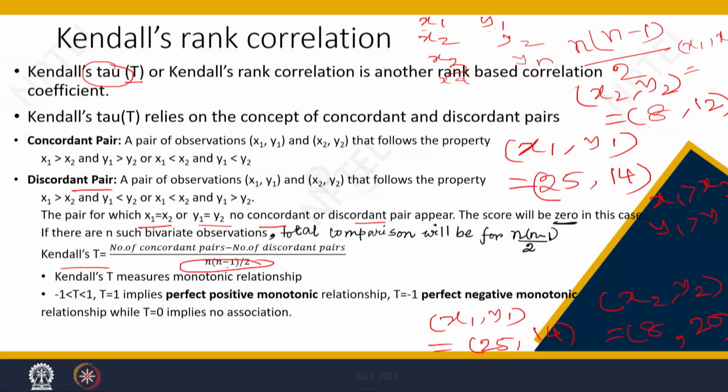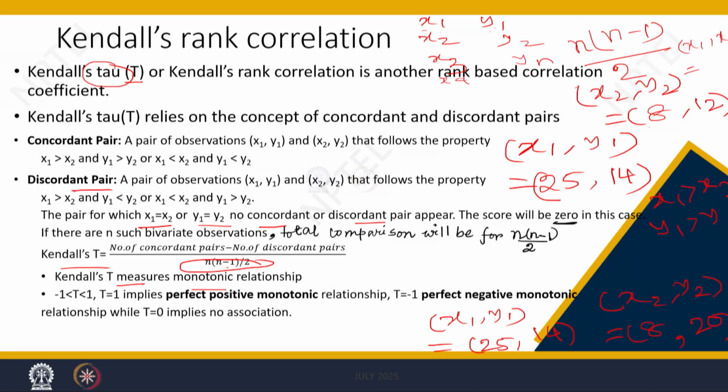Now out of this total number of comparisons, how many pairs are showing concordance and how many are showing discordance? The difference between concordant pairs and discordant pairs is the numerator of Kendall's T. And you have to remember, like Spearman rank correlation, Kendall's T measures a monotonic relationship. The range of Kendall's T or tau is from -1 to +1.